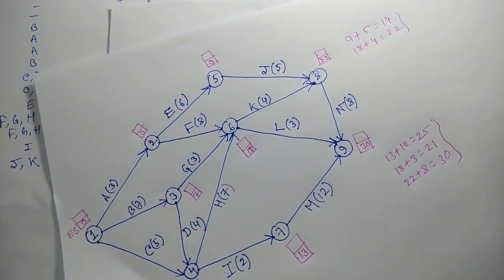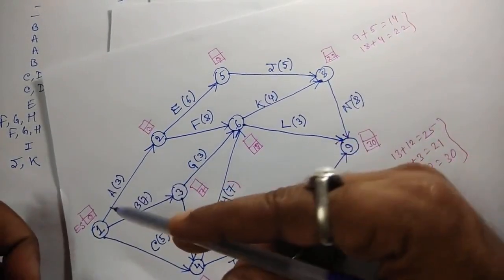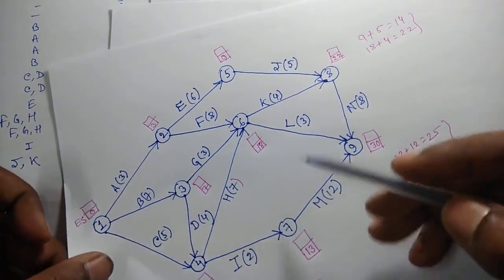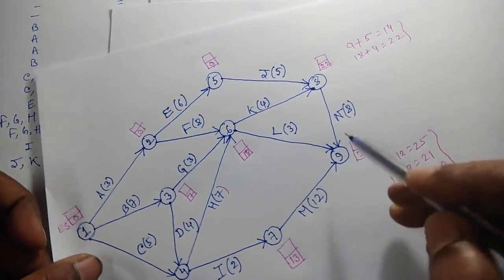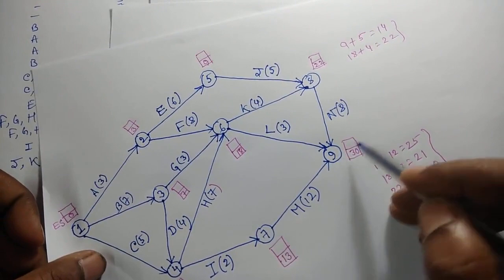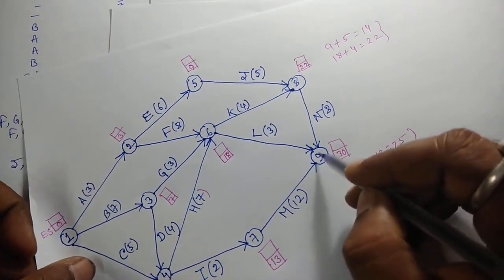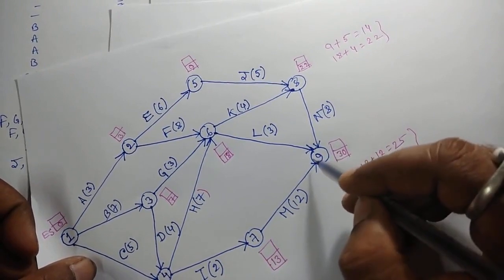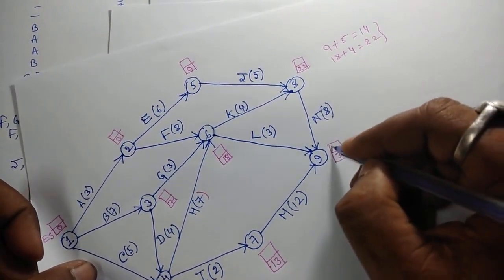Now we calculate the latest completion time. For earliest start time, we consider the forward pass, and for latest completion time, we will follow the backward pass. Now, consider the ending node. Here it will be 30 also.